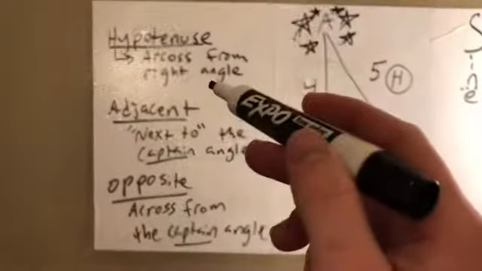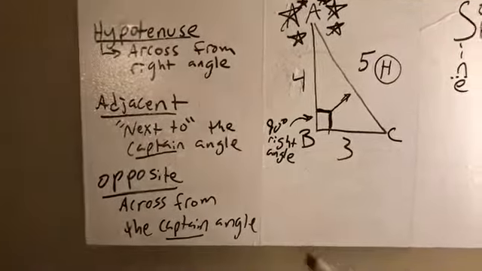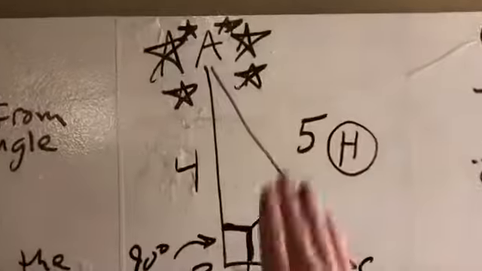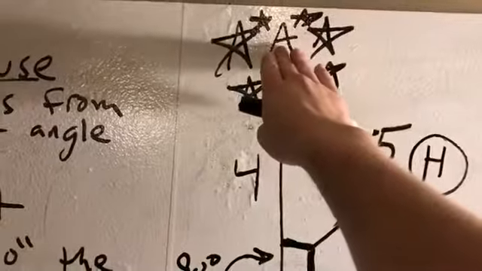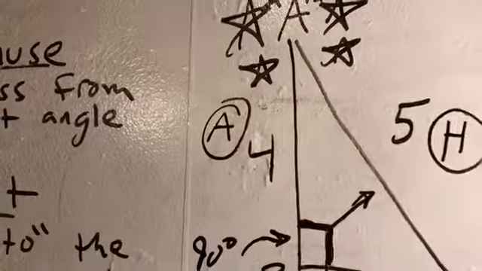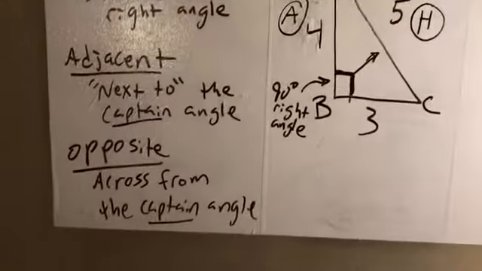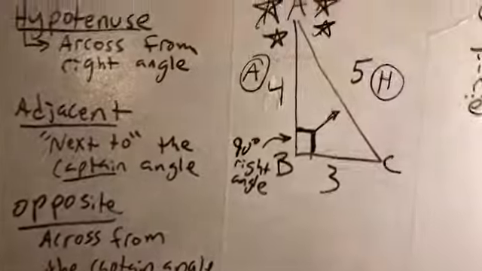Adjacent is a fancy way to say next to, and we want to know which side is next to the captain angle. This side is already the hypotenuse. So when I go back to my captain, this side is literally next to it. So that will be A for adjacent. And then opposite is the side that's across from the captain angle.